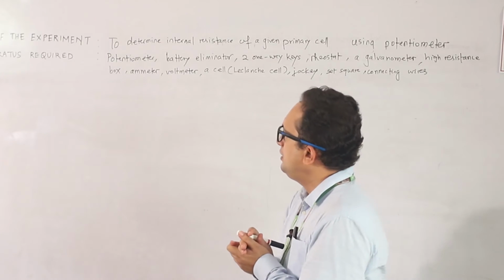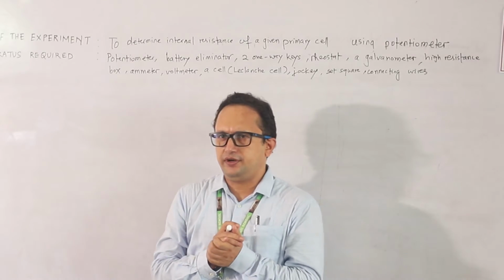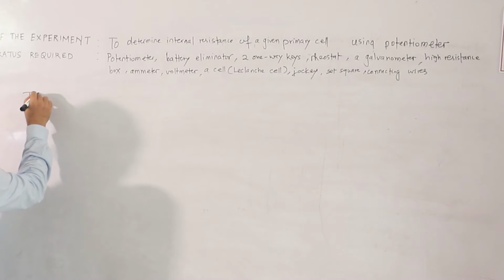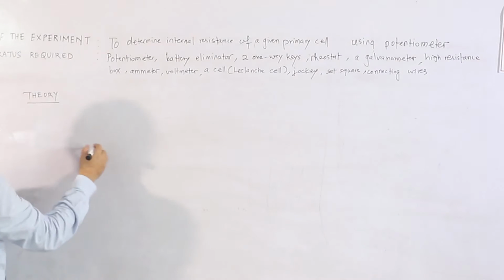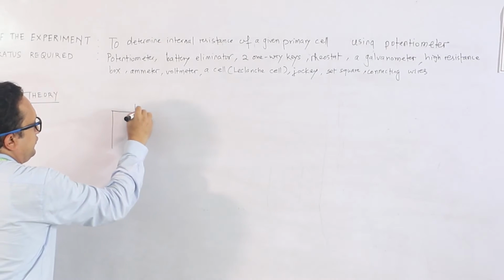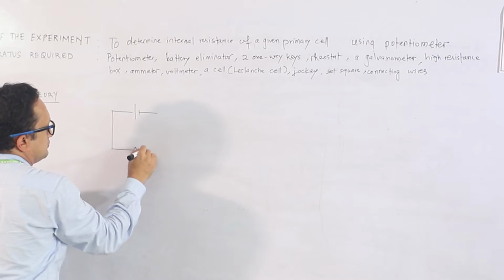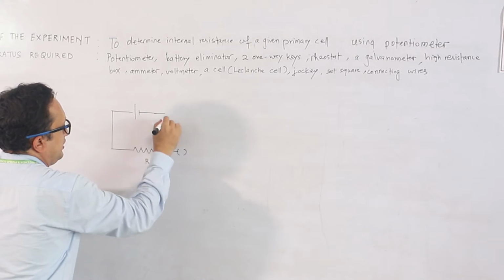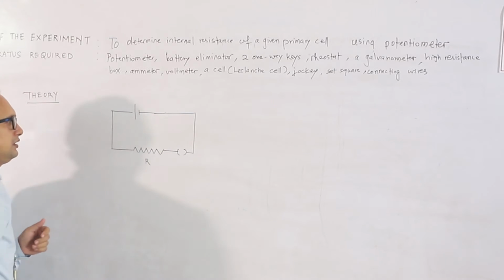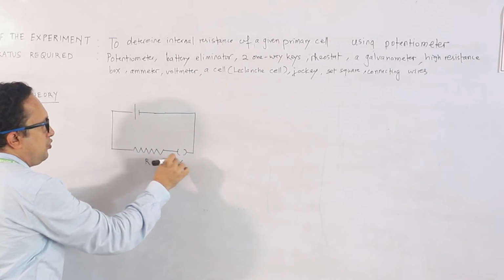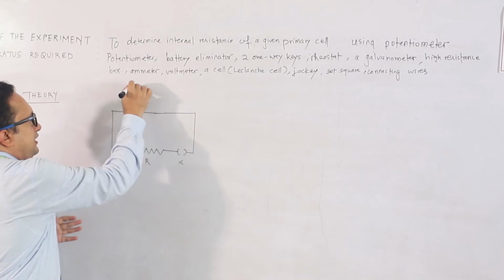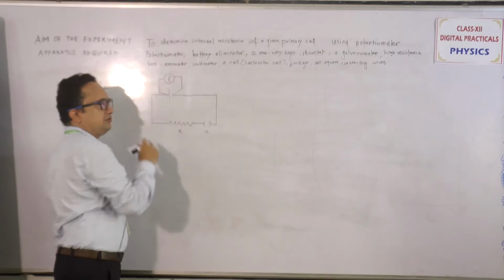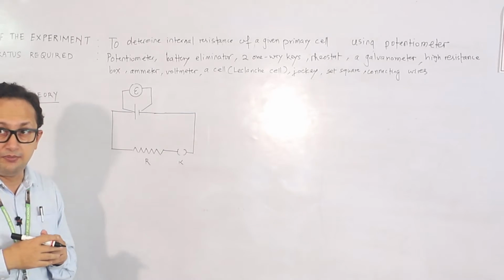Okay. So let us first go into the theory part. Just to remind you that we have already seen that if you have a cell which is connected to some external resistance, and initially the key is open, and you connect a device that can measure potential drop, then with the key open, whatever reading is obtained is called the EMF of the cell.